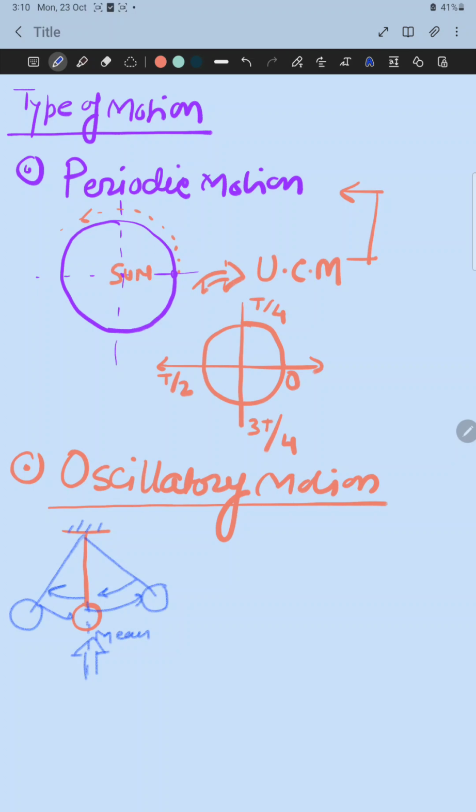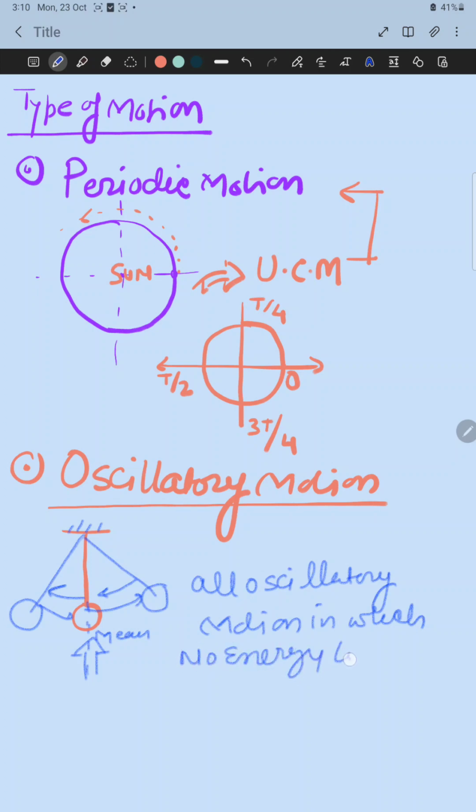We can say that all oscillatory motion in which there is no energy loss can be periodic motion.